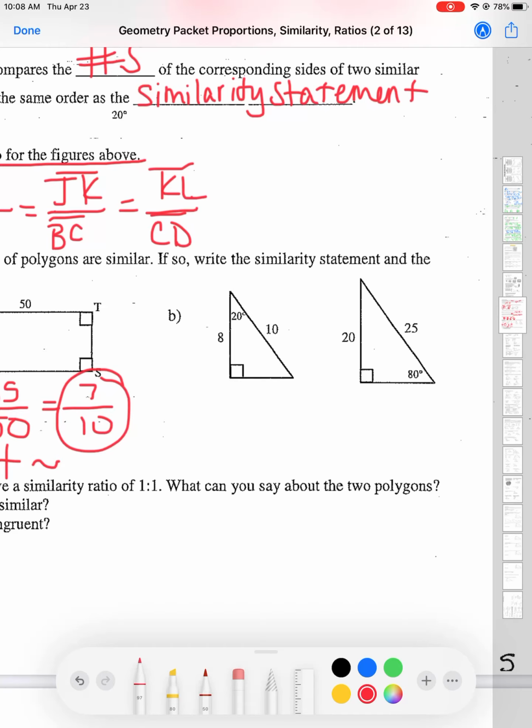So now on to the triangles. Let's first check the angles. So let's figure out what this angle is right here. We can easily figure that out by subtracting from 180. We can take 180 minus 90 plus 20.